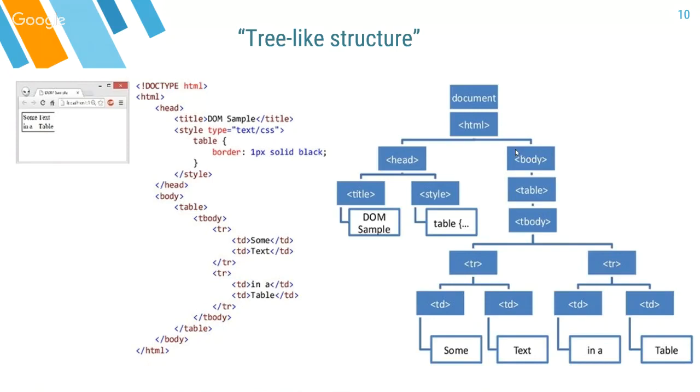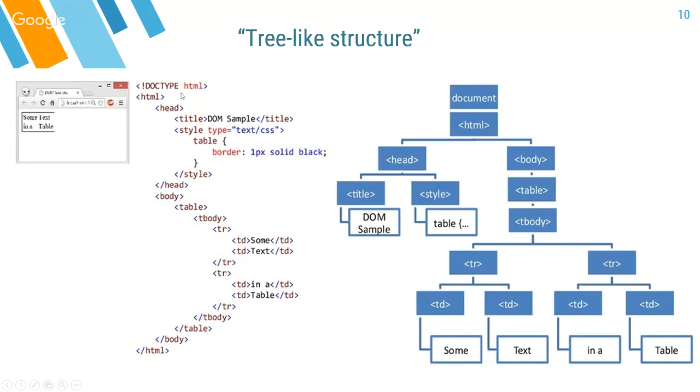Here we have a simple layout, which is just a table with a table body, some table rows, two of them, and in each table row there are table data tags with some text in them. In the picture, you can see how the code written on the left side is interpreted by the DOM.